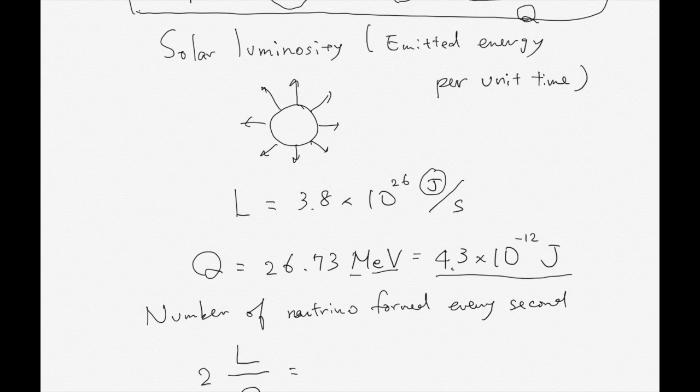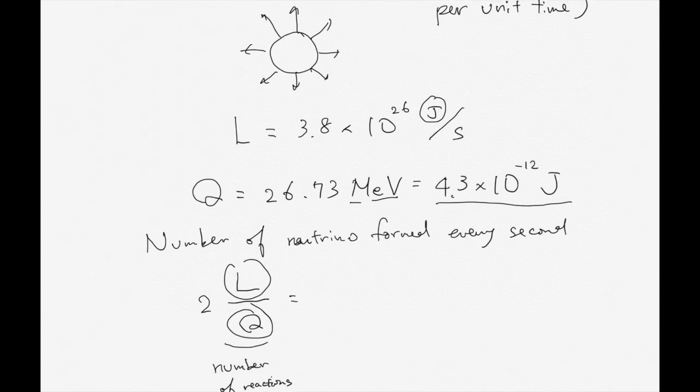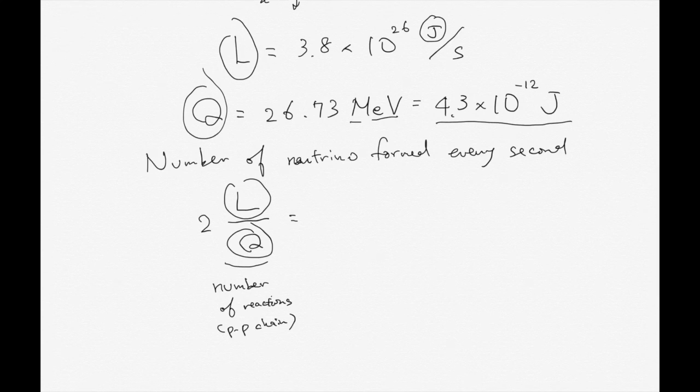Then you substitute L and Q, and it becomes 1.8 times 10 to the 38 per second. So the number of neutrinos formed in the Sun is about 2 times 10 to the 38 neutrinos every second. Okay, so this is the answer to this practice.